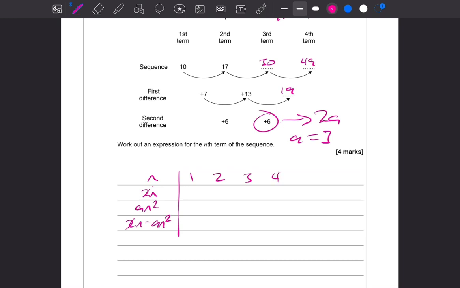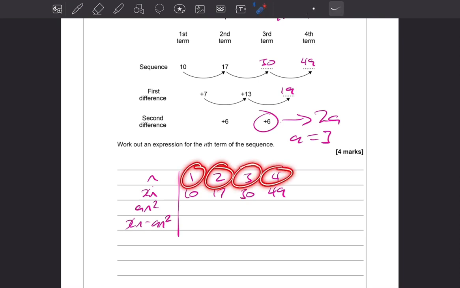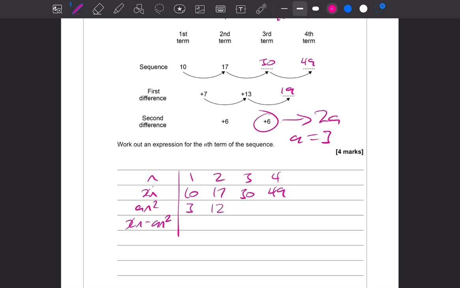We only actually need 3 of these, but we'll fill it all in. xn is just the sequence: 10, 17, 30, 49. An squared is just going to be the squares of these multiplied by a. So 1 squared is 1 times 3 gives us 3. 2 squared is 4 times 3 is 12. 9 times 3, 27. 16 times 3, 48.